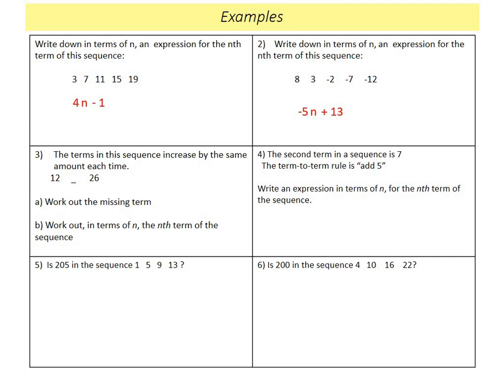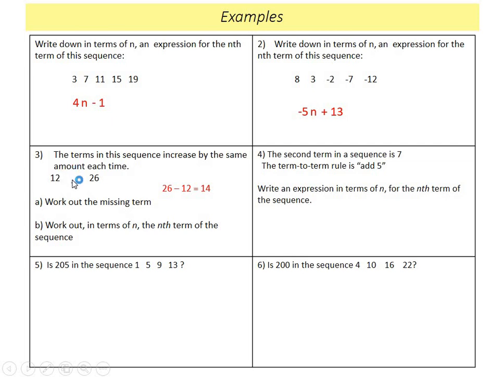So number 3, slightly different question. The terms in this sequence increase by the same amount each time. So 12, something, 26, and what we've got to do is work out the missing term. So if I have a look at the difference between 26 and 12, so if I take 12 away from 26, I can see there's a difference of 14 between this one and this one.